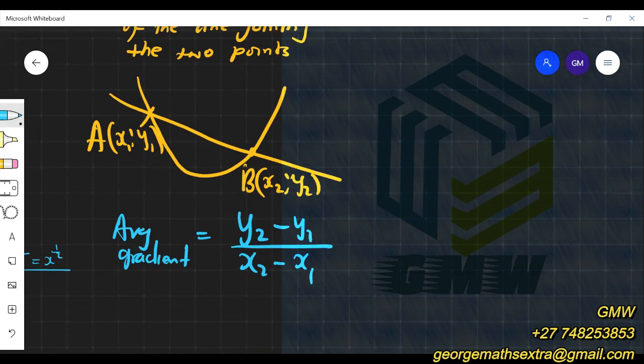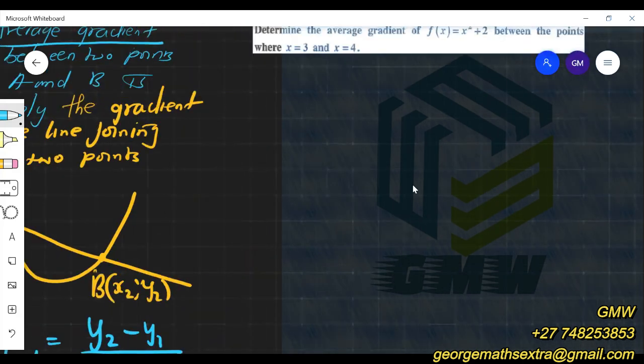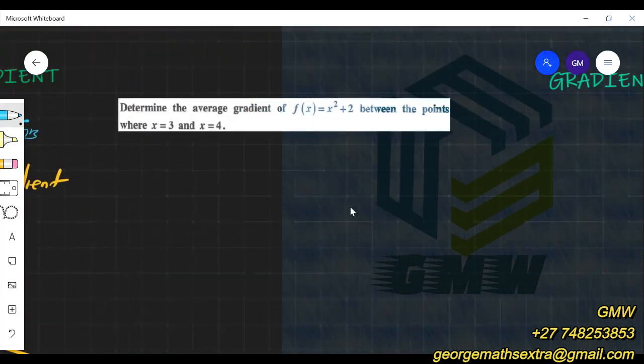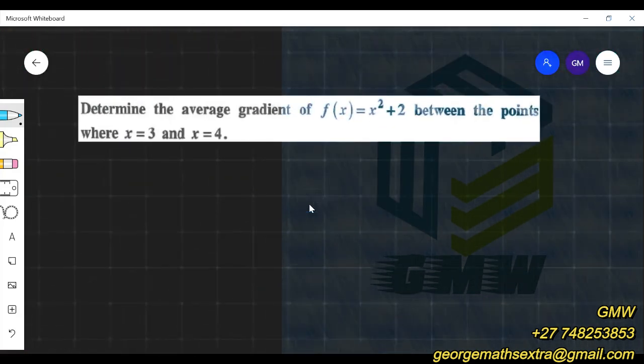However, now in the exam, the question won't come with all the data available, and we need to pay attention to how it comes. So look at this example. It says, determine the average gradient of f of x equals x squared plus 2 between the points where x is 3 and x is 4.